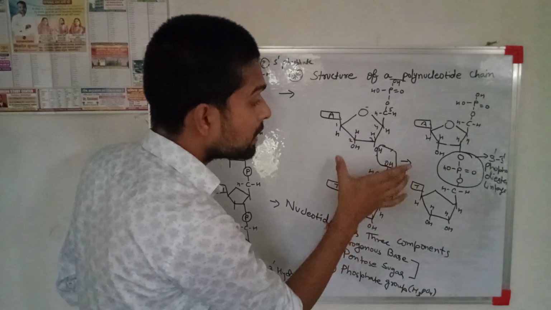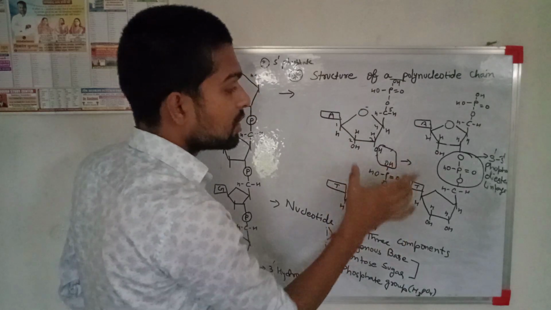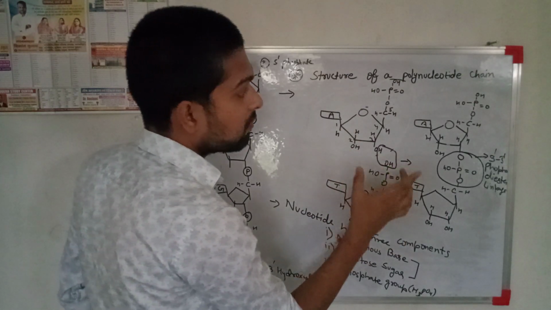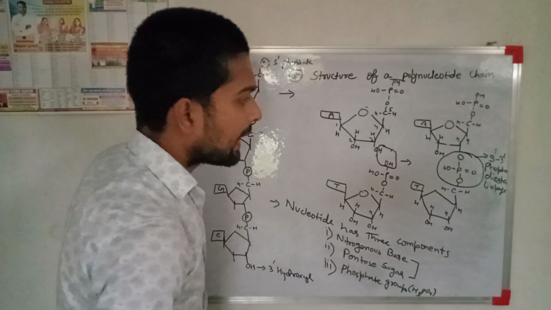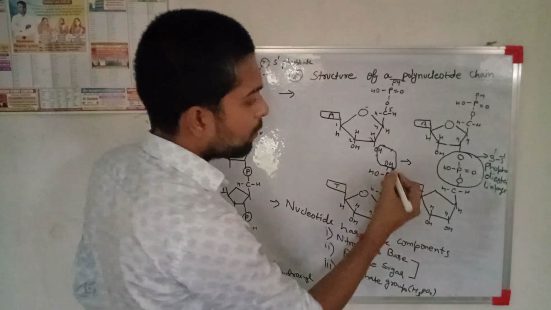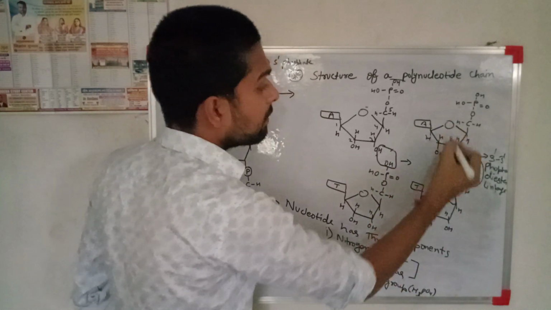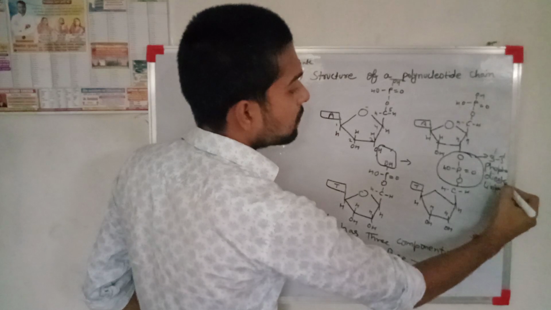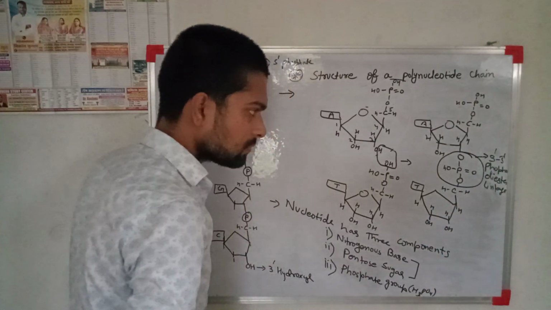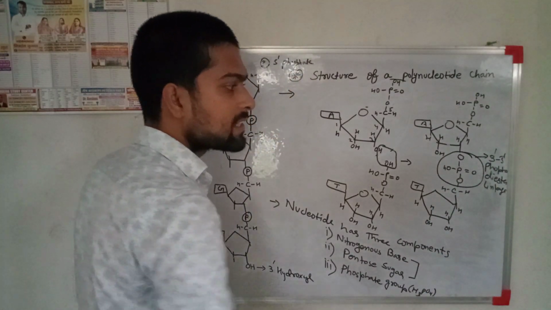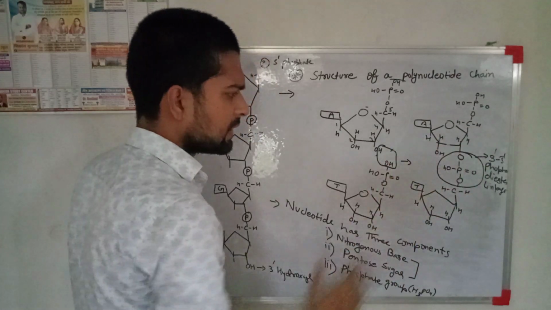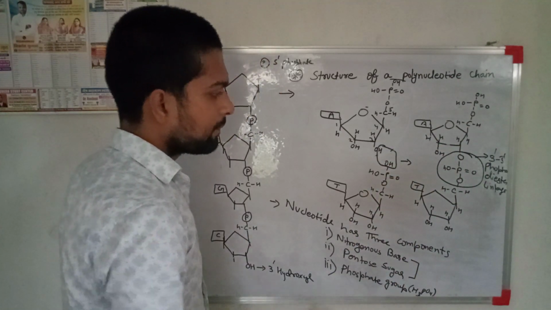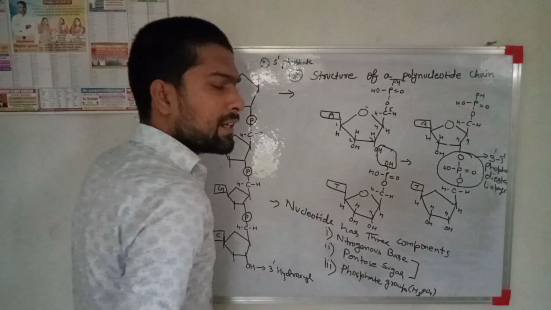When two nucleotides attach to each other, they form a dinucleotide, and the bond formed between these two nucleotides is known as a 3'-5' phosphodiester linkage. This is how you can easily understand how it forms.